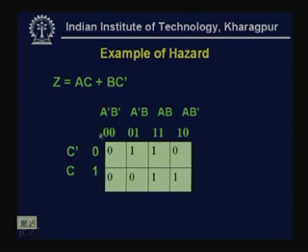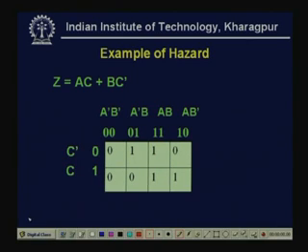Now, if we draw the Karnaugh map for this expression Z, then how do we see it? In the upper portion I am taking the AB variables and this is my C variable.